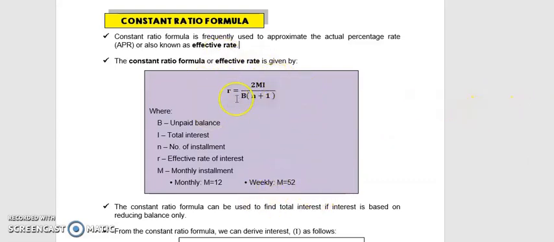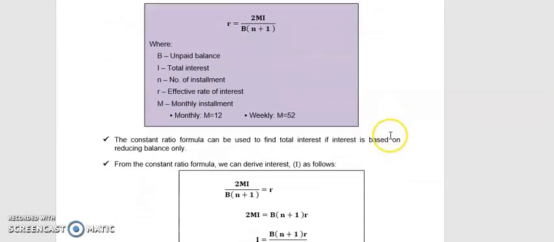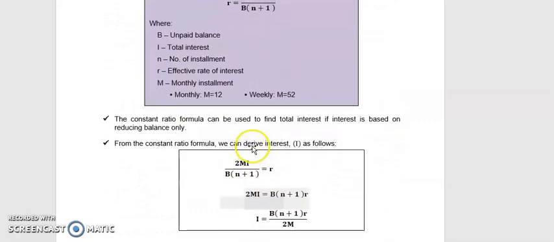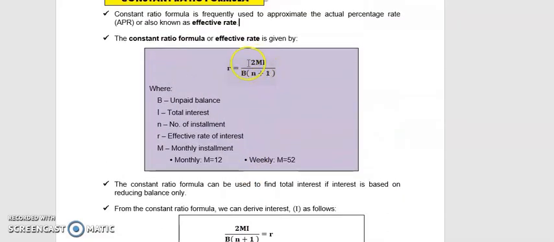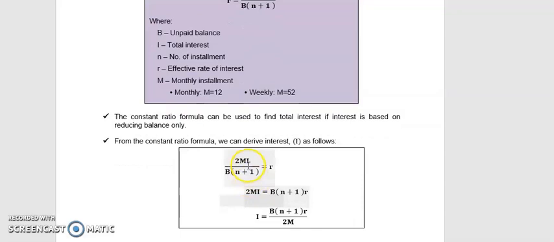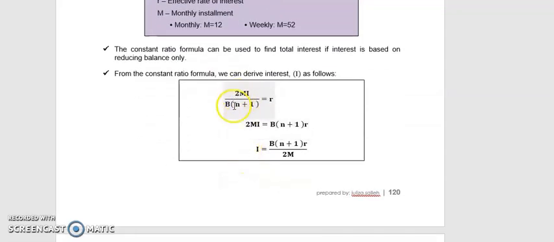Based on this constant ratio formula, how to find value I? Again, we derive value I from this formula, making I the subject. As I shown here, you bring the right hand side to the left hand side in order to make I the subject.